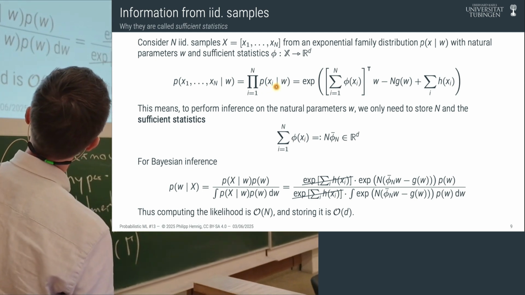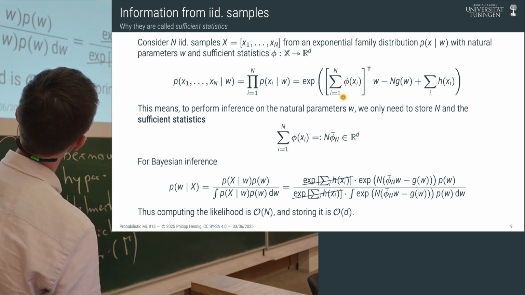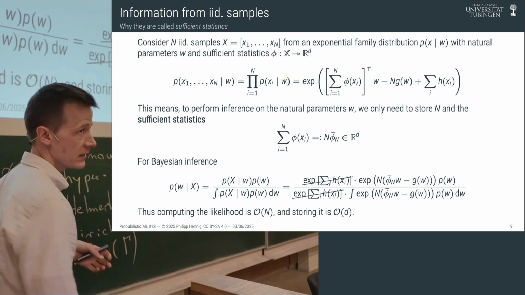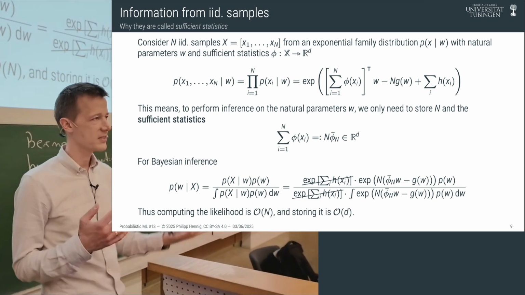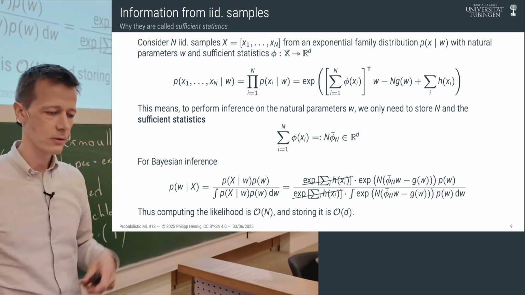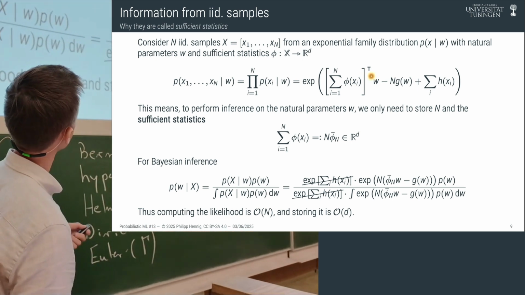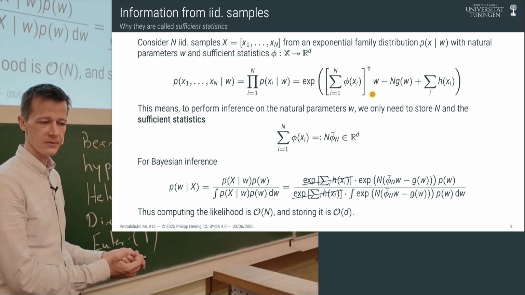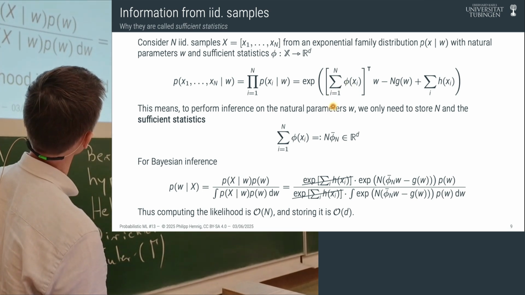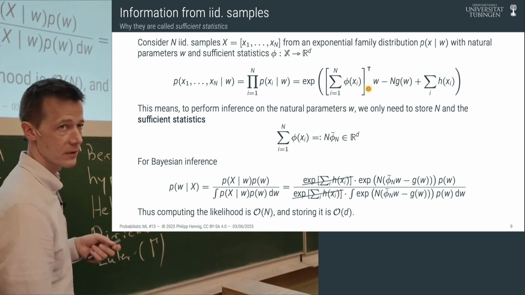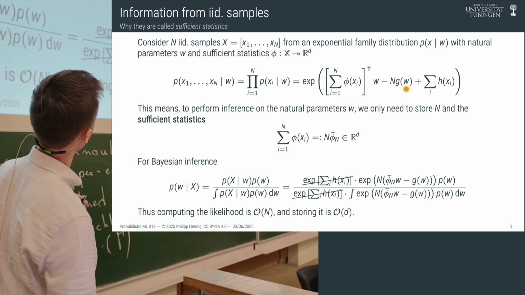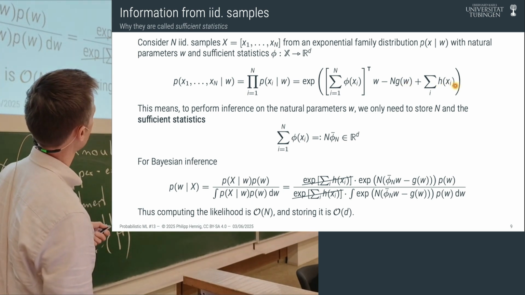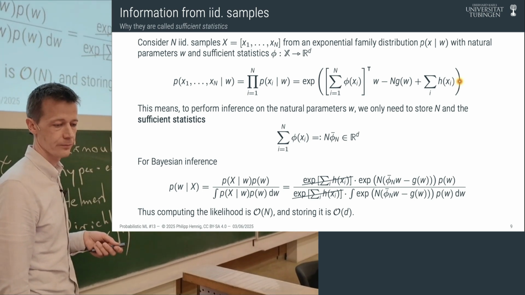Then if you plug in the definition for this exponential family from the previous slide, a product of exponentials is the exponential of the sum, and then we can just rearrange terms in the sum, put the brackets in the right place, and you see that the probability for all of these n individual samples is just the sum over their sufficient statistics, and then we take the inner product with the natural parameters, and then just n times the log normalization constant, plus a sum over their carrier measure.